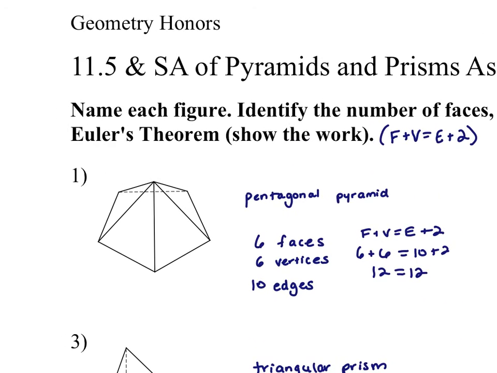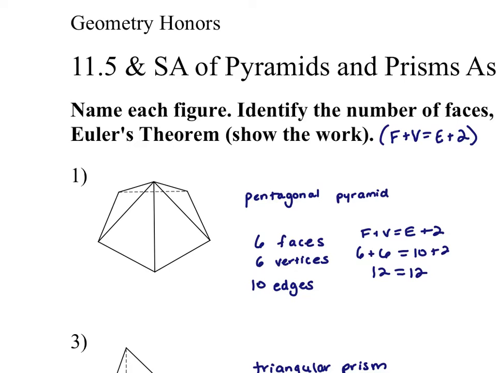So this first one is still the same thing that we just did in the warm-up. It's section 11.5. And again, you're going to determine if it's a polyhedron, give the name of it, and then identify how many faces, vertices, and edges, and then you can confirm those 3 numbers by using Euler's.